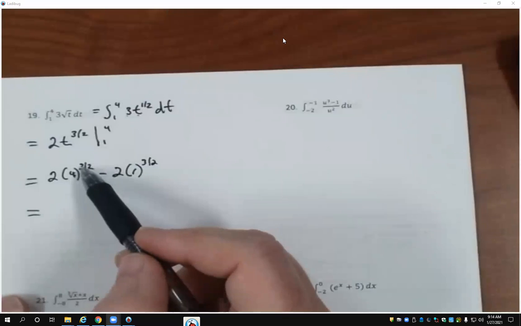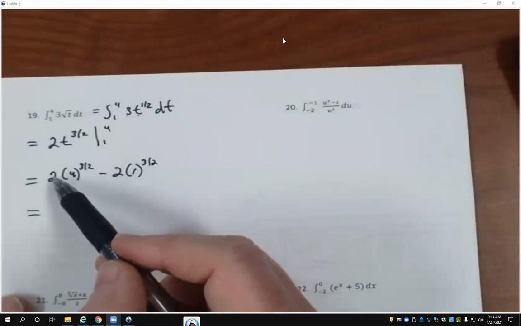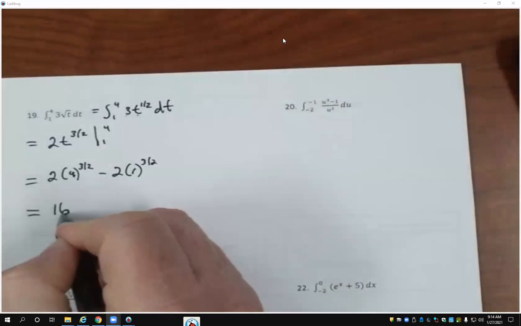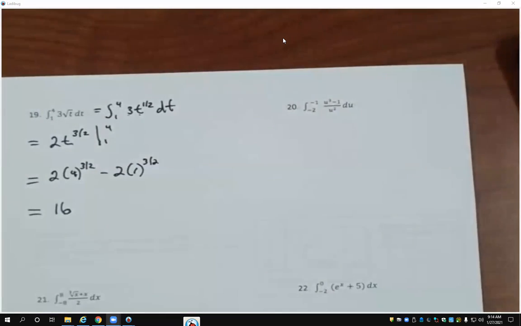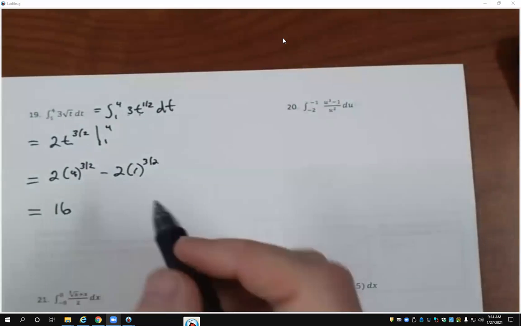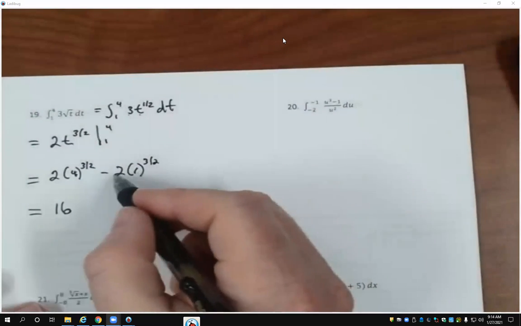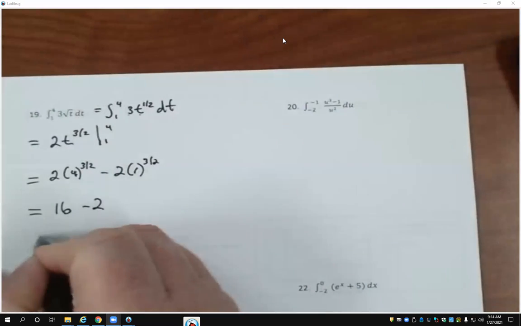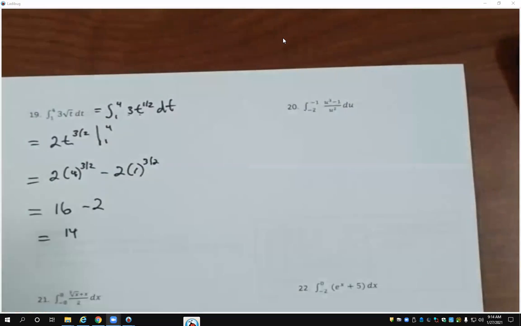I'm then going to cube it. 2 cubed is 8 times this 2 that's out front is 16. So 2 times 4 to the 3/2 is 16. And then 1 to the 3/2 is 1 times 2 is 2. 16 minus 2 is 14.